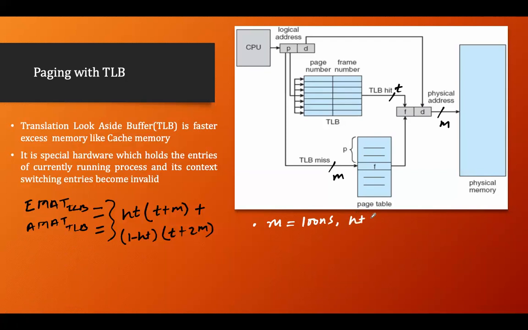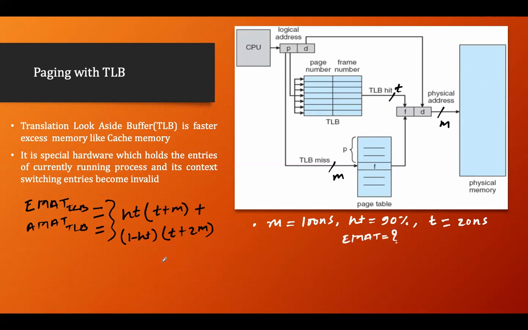Hit ratio we are getting as 90%. T value, that is the time taken to access the TLB, translation lookaside buffer, is let's say 20 nanosecond. So what is the average effective memory access time? That we have to calculate.